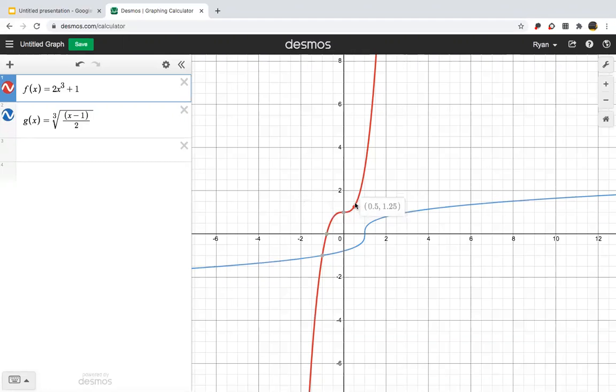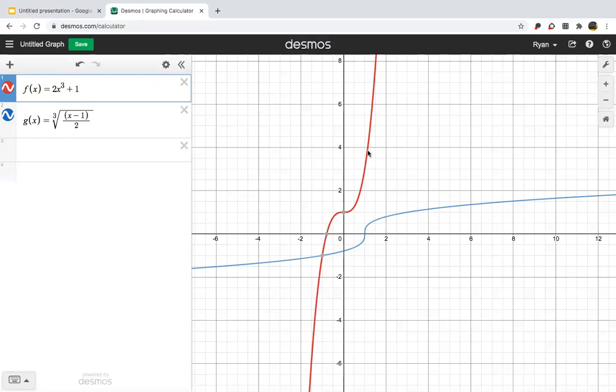And then if I go out to here, 0.794, I'm going to get really close to 2. Or maybe if I go over to 6, I'm at about 1.357. And if I go on the red graph to 1.357, I'm at about 6. So what's going on with the coordinates of these two graphs?